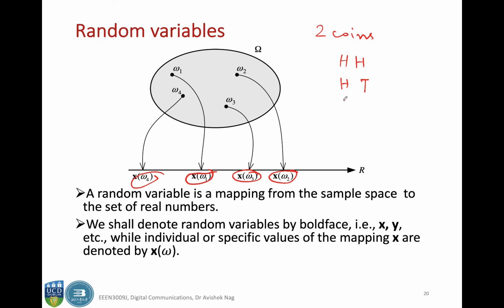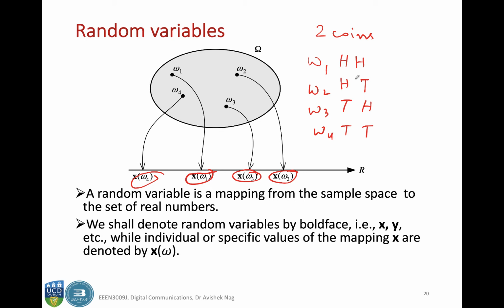I can also get a tail first and a head next, and then I can get two tails together. So let's say these are the four points in the sample space: omega 1, omega 2, omega 3, and omega 4.